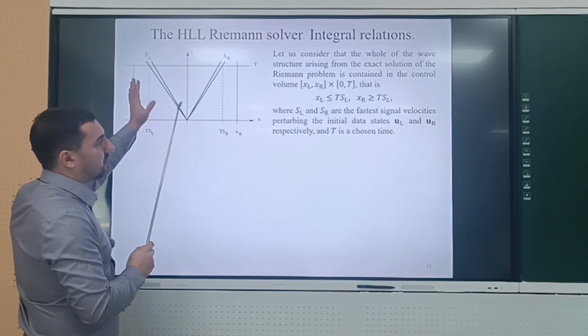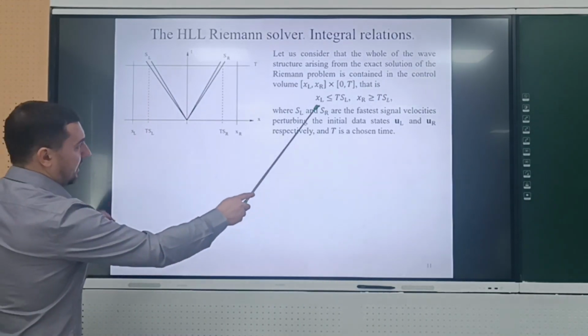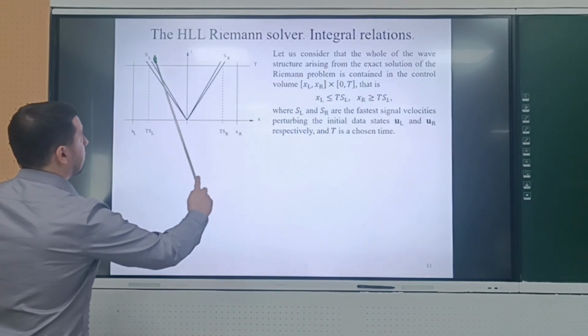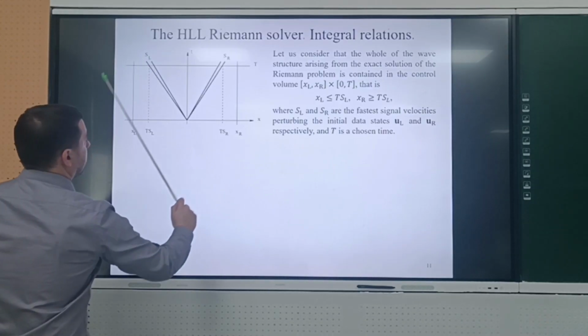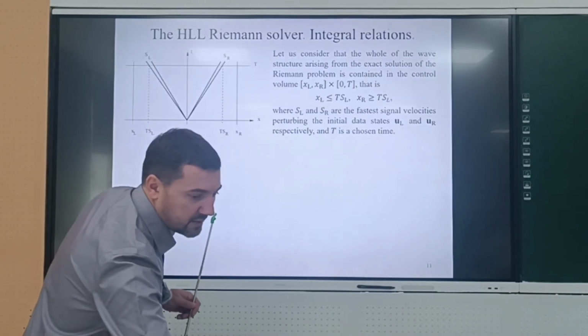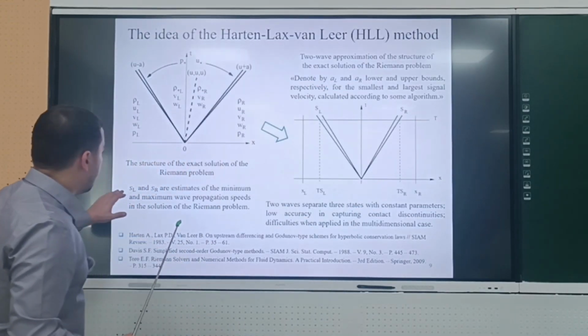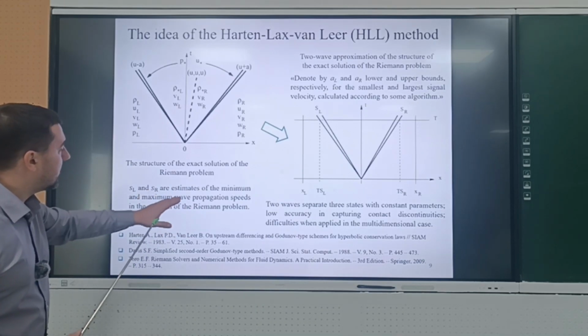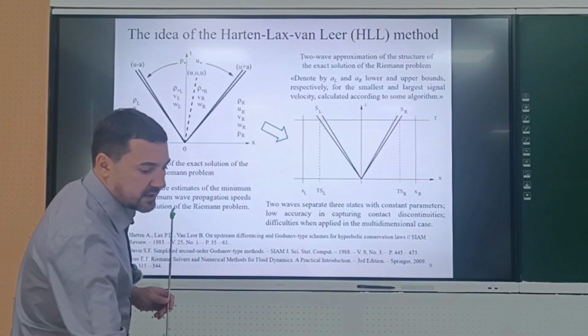this control volume. So it means that XL is less than T SL, where T is time, SL is the bounding characteristics. So what does SL mean? SL is the minimum wave propagation speed, and SR is the maximum wave propagation speed.